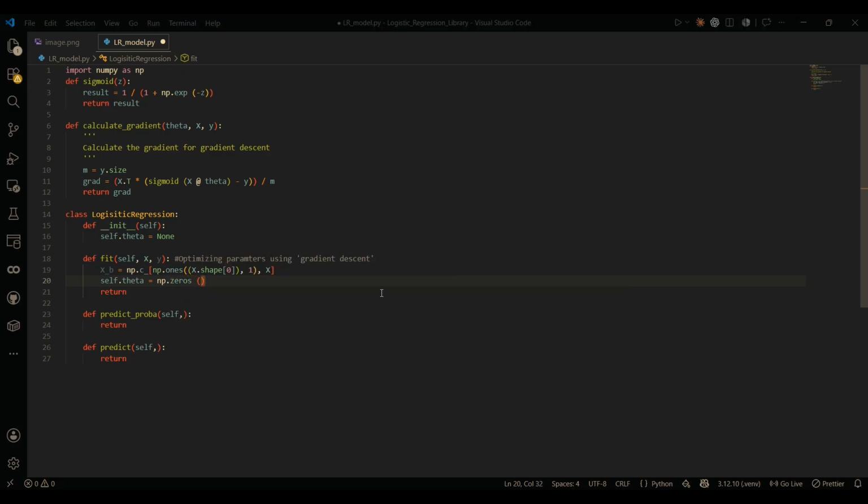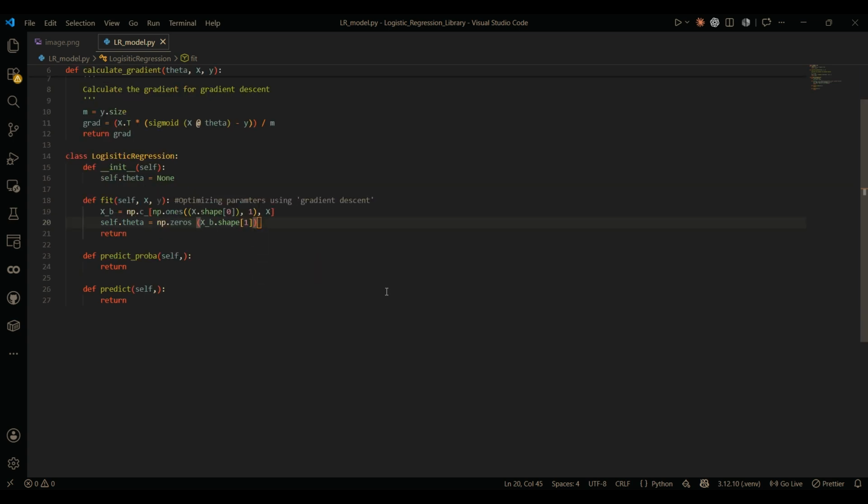Okay, I think that's correct. The row of theta should equal the column of x because it's x multiplied by theta. I think that's correct for now.